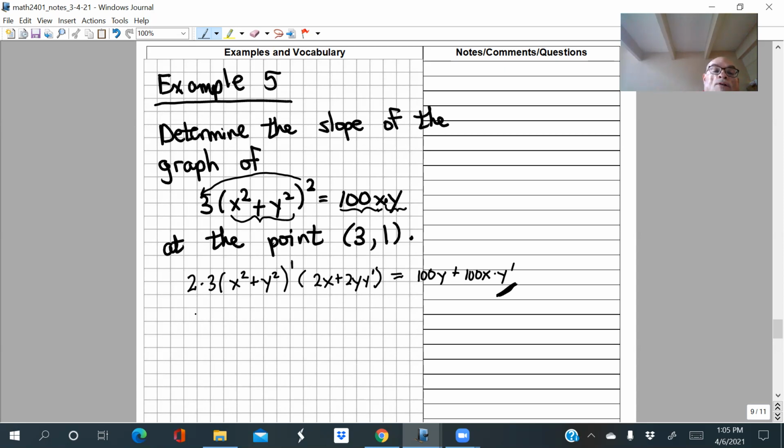Let's see. Wow. Okay. That's easier said than done. So what you would have to do is expand this product on the left-hand side, so this is going to be a little bit messy. So let me see if I can do that.